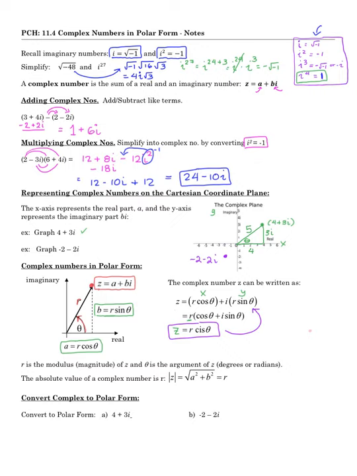So again, we're trying to convert to polar form, which is r comma theta. By the Pythagorean theorem, we know that 4 squared plus 3 squared is going to give us 5. And then to find the angle measure, I can just do my inverse tangent of opposite over adjacent, except I'm not going to use the i.